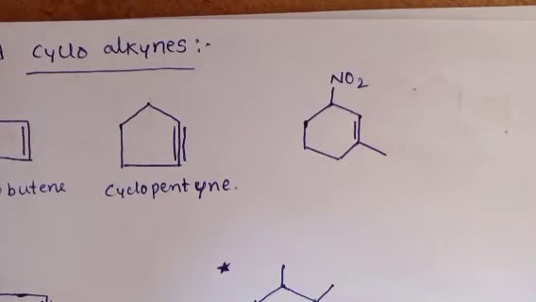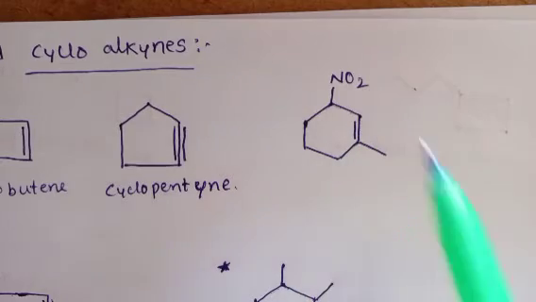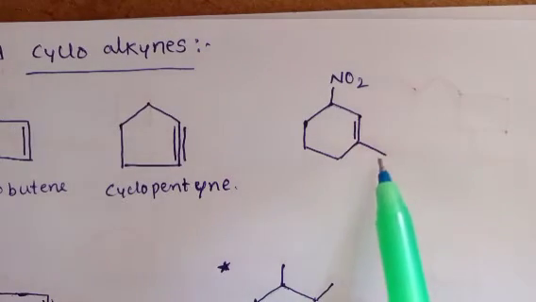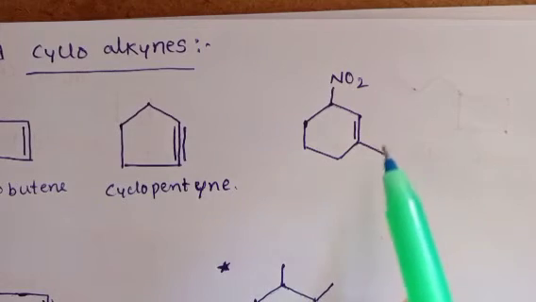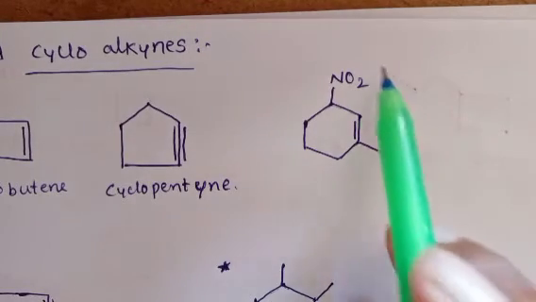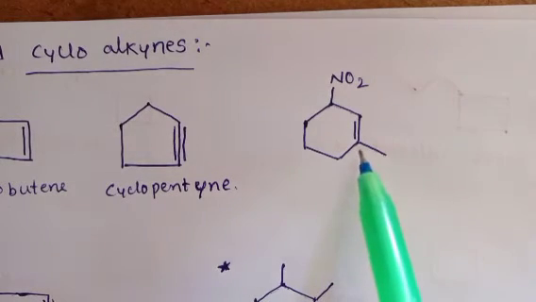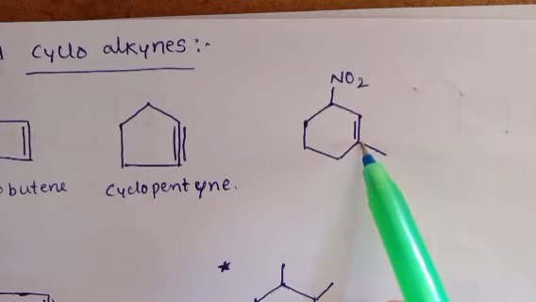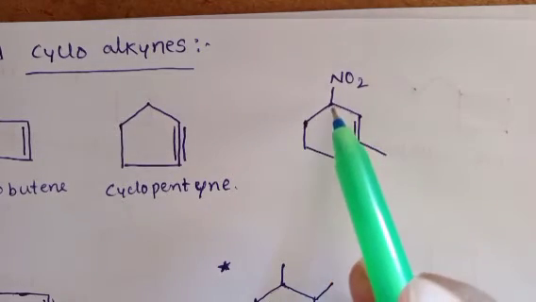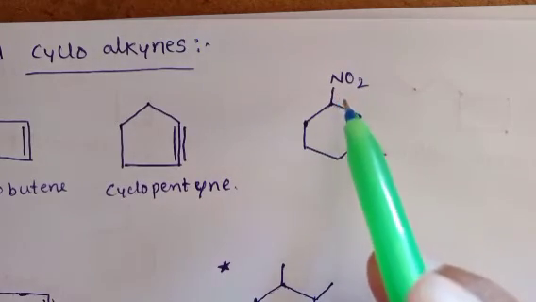See this example. Yes, one double bond is present between these two carbon atoms, and also two substitutions are present. Two substitutions are present means we have to follow the lowest sum rule. If numbering is given like this 1 2, one substitution at this carbon 3 4 5 6, and also at the 6th position, so 2 plus 6 means 8.